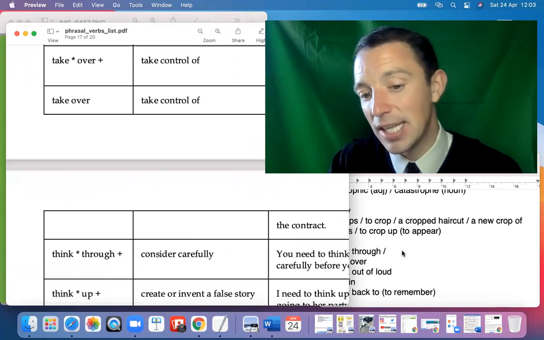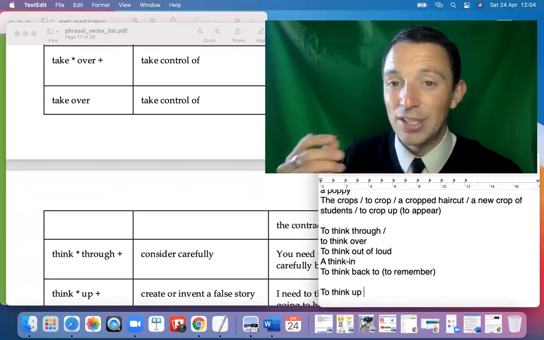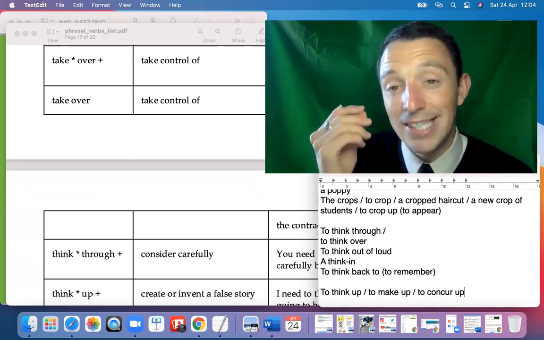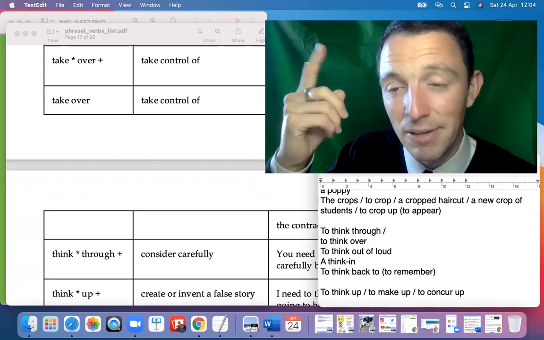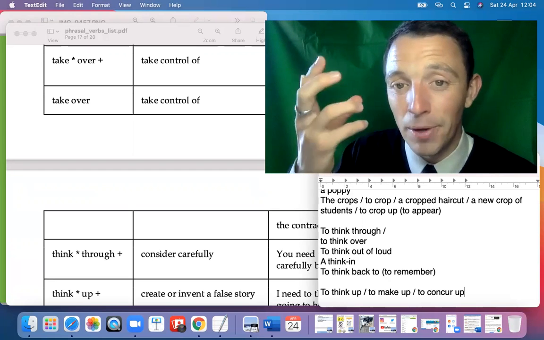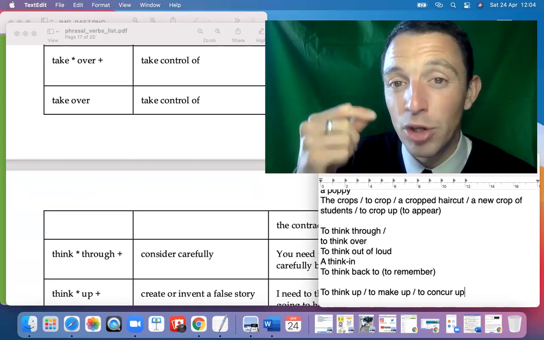Yes, the next one is to think up. And this is important. So to think up is to create, because remember, we say to make up and to conjure up. So the significance of the preposition up is very important. It's positive, it's happy, and it's also creation. So if you make up, the significance is to create a new story, usually negative, usually a lie.